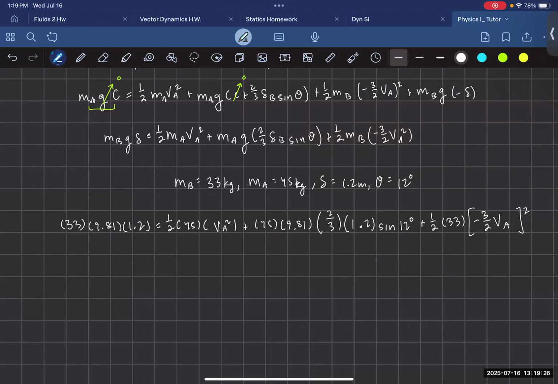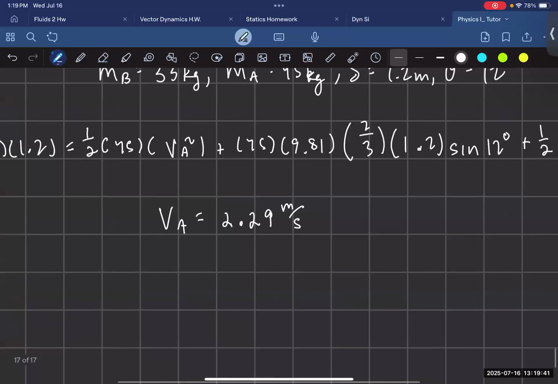And we get that velocity of A is equal to 2.29 meters per second.